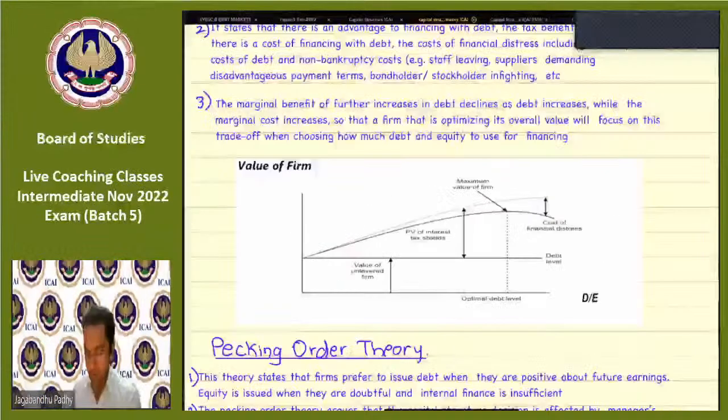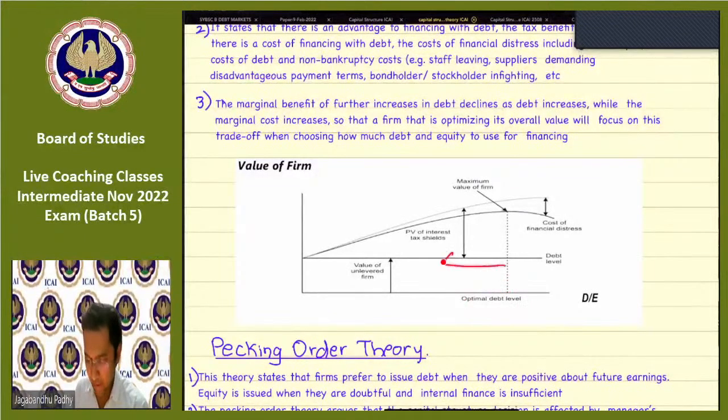And this portion is the optimal debt level. Below this level, you can sustain, there is no issue. But beyond this level is not sustainable, because the cost is going to be more than the benefit. If you take more and more debt, there will be more financial distress, more pressure on you to pay fixed obligation, and that will lead to financial distress. Okay.